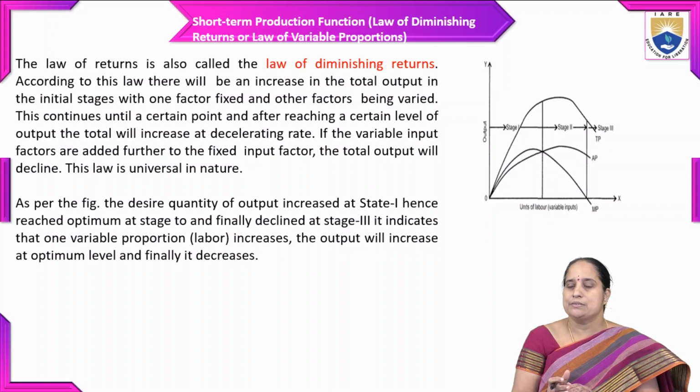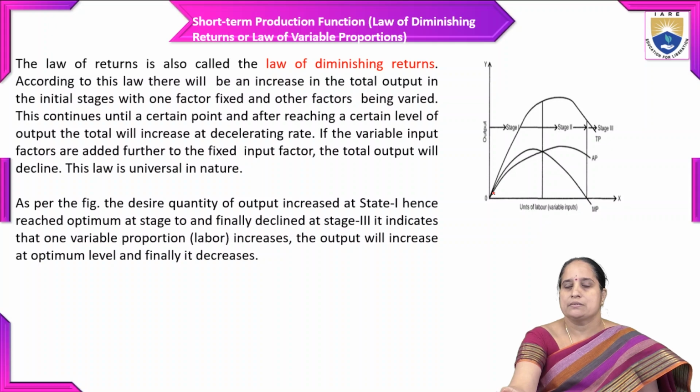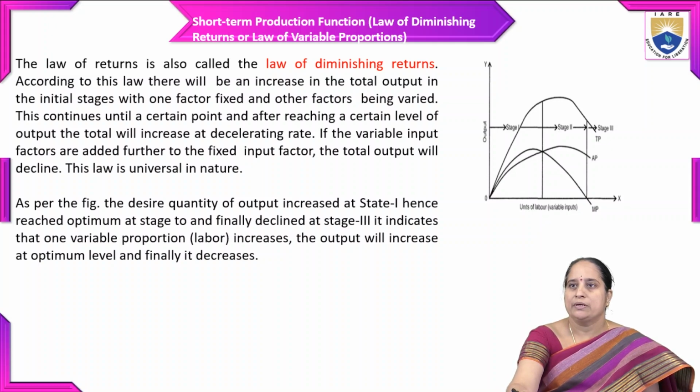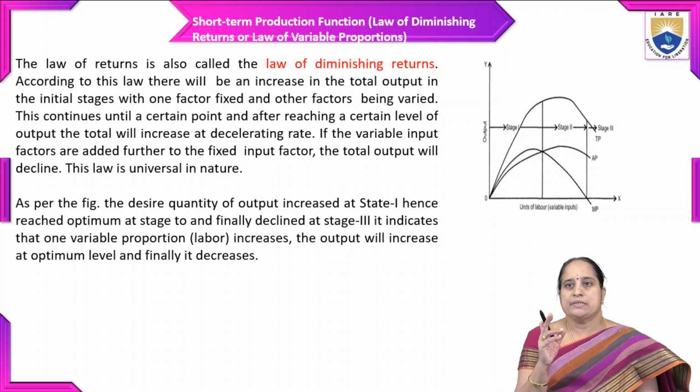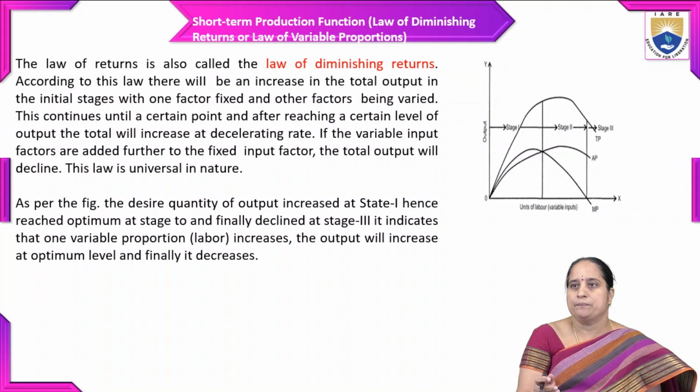So this law is universal in nature. If you see the graph, the desired quantity of output increased at stage 1. Hence, it reached optimum at stage 1, optimum at stage 2, and finally, if you observe, it starts to decline at stage 3.